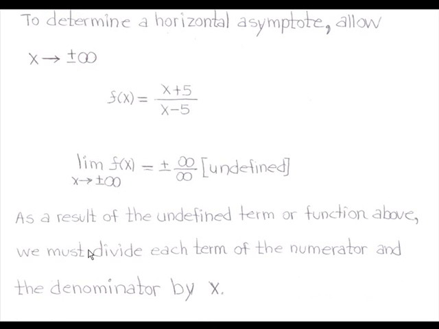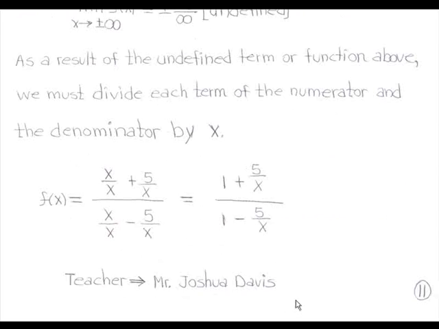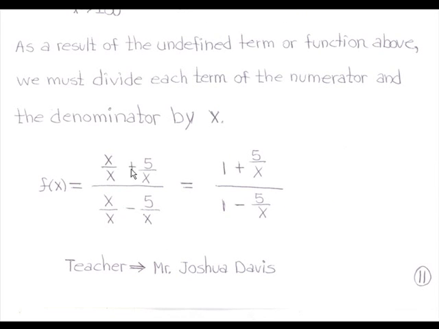So moving on. As a result of the undefined function above, we must divide each term of the numerator and the denominator by x. And here's what we do. In the numerator we have x divided by x plus 5 divided by x, and in the denominator we have x divided by x minus 5 divided by x.